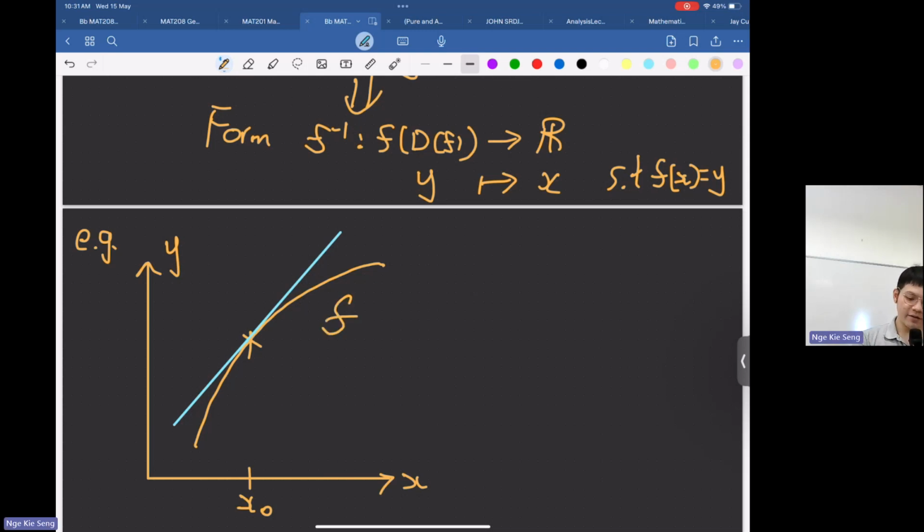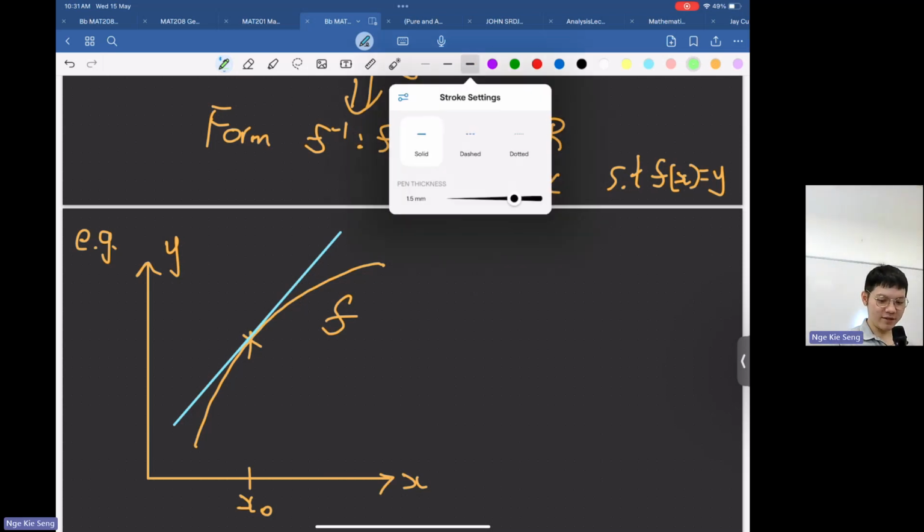So let's call this f. How does f inverse look like? How? You mean reflect it back, how do we reflect? You mean reflect around y equals x? Is it what you mean?